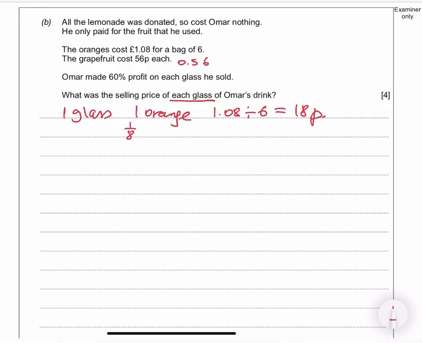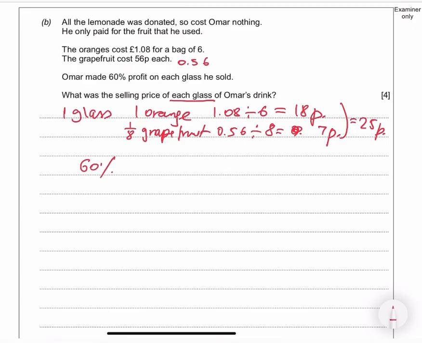We just divide 108 by 6. And he only needs 1/8 of the grapefruit, so I'm going to divide 56 by 8 to find the price per 1/8 of the grapefruit per glass, 7p. Add them up, so that's 25p. The lemonade didn't cost him anything, so we're not adding that.